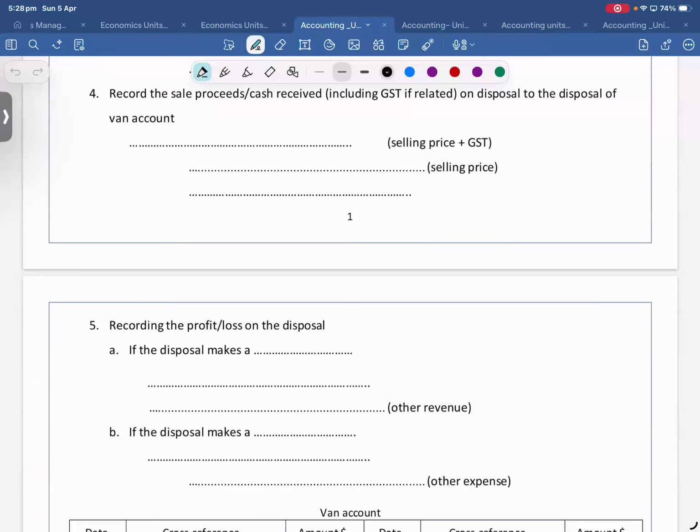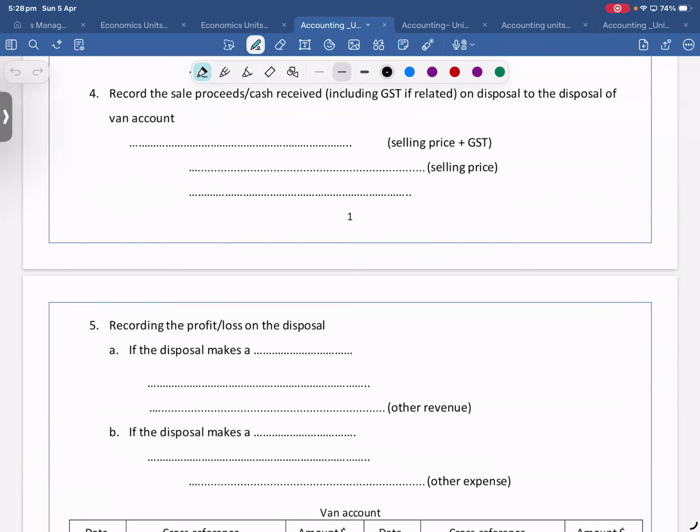The first one is something that I added, but don't worry, it's not something new out of the study design. It is there. Basically, ensure that you have done the depreciation before you sell it, right?